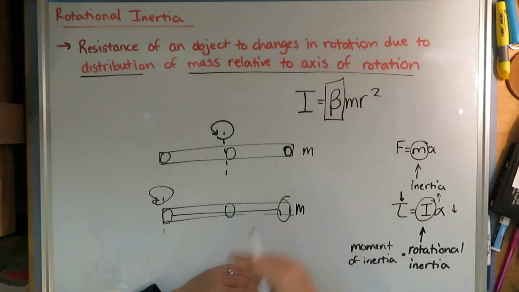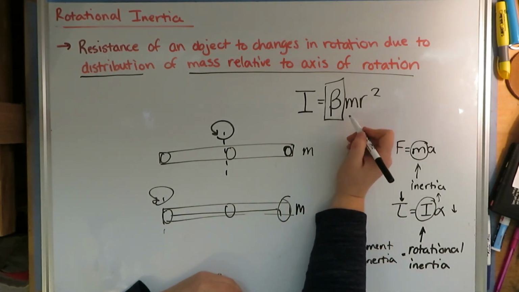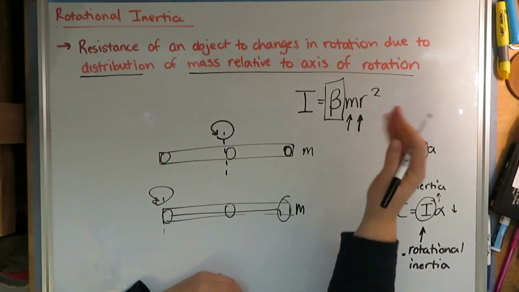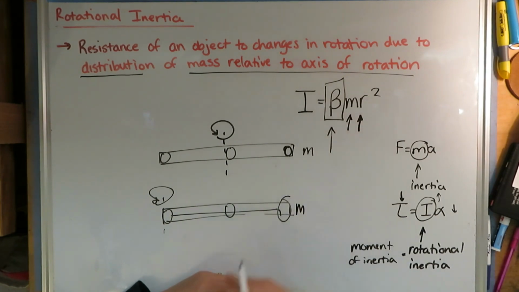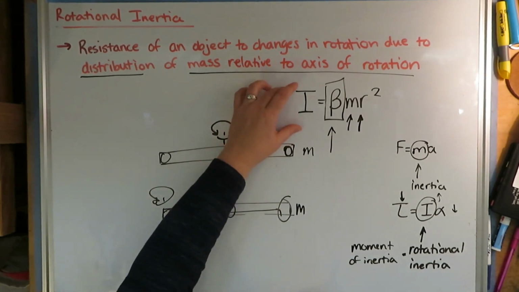Now, the formulas for rotational inertia are going to look something like this, where this beta is not really a variable, it's just a placeholder. It's a proportionality constant. If I know the mass and the physical dimensions, there is some factor that modifies what the actual rotational inertia is.